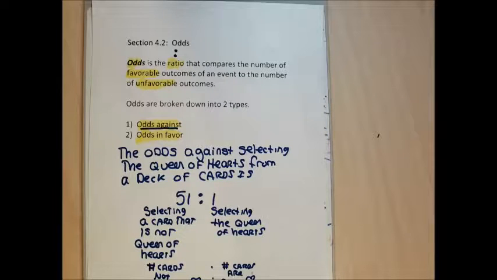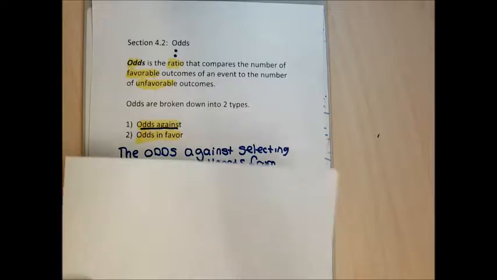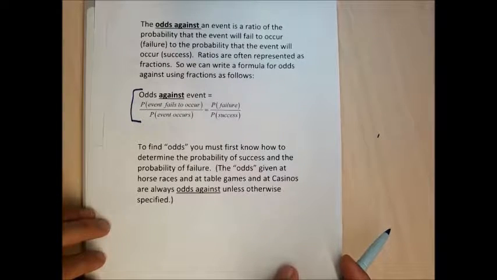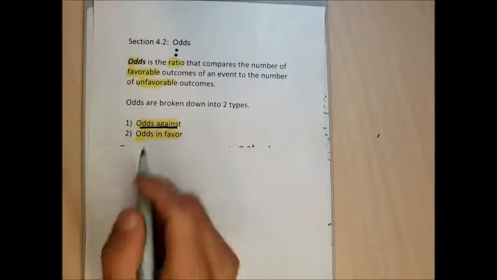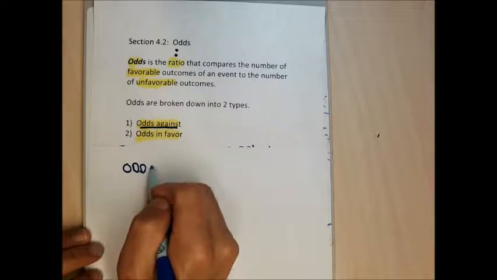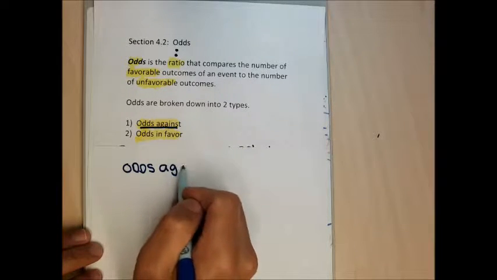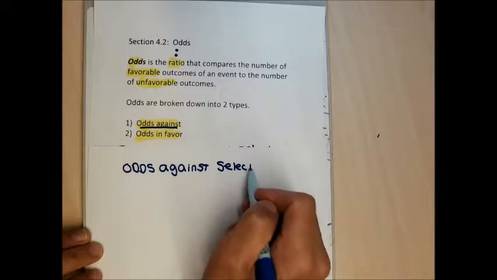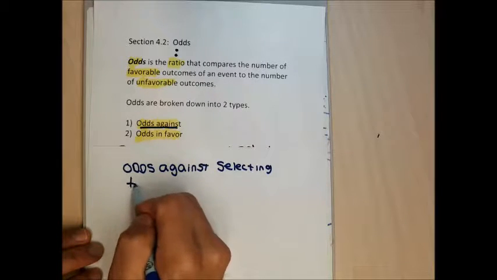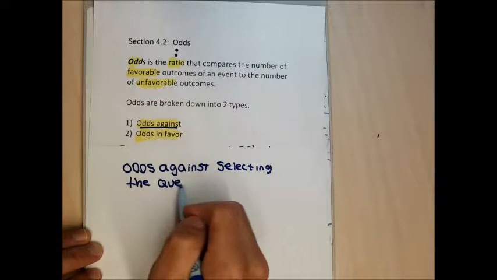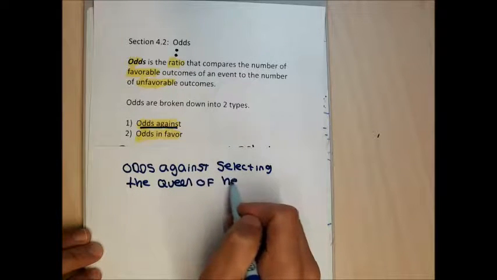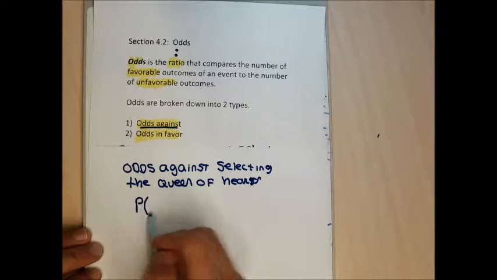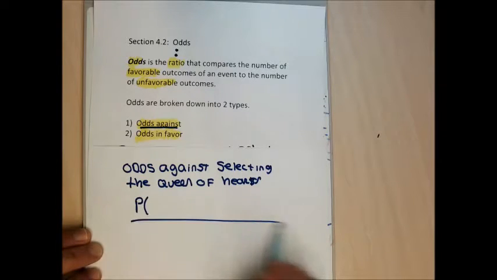You could, however, compute the odds for this particular problem using this formula. Let me doctor up this formula to make it more applicable. So the odds against selecting the Queen of Hearts can be found by doing two probabilities and forming a fraction.